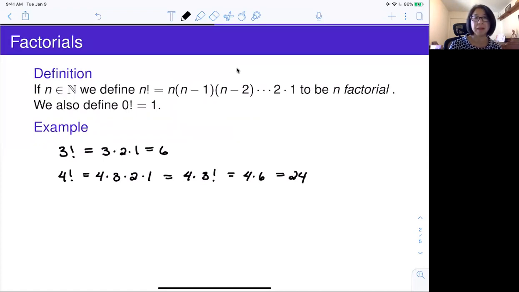Maybe some other things that would be useful. Often we'll have things like n plus 1 factorial. And it can be convenient to recognize that n plus 1 factorial is n plus 1 times n factorial. This is often something that's really helpful in inductive proofs, as you can maybe imagine.